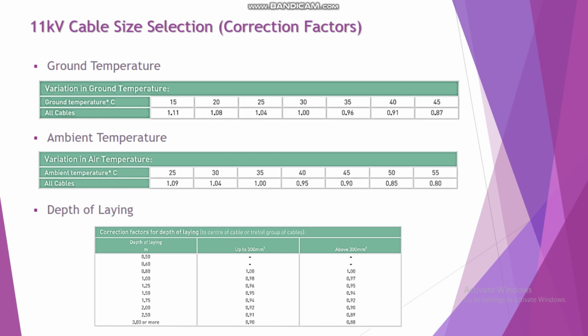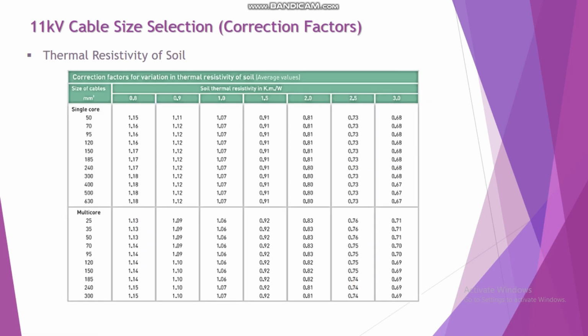Then we have the depth of laying, that is how deeply we are laying a cable, from 0.5 meter to 3 meter. It's the range, and it varies with the size of the cable. If the size of the cable is less than 300 mm square, it has a different correction factor, and the same if it is above 300 mm square, so it has a different correction factor. You can see in the chart.